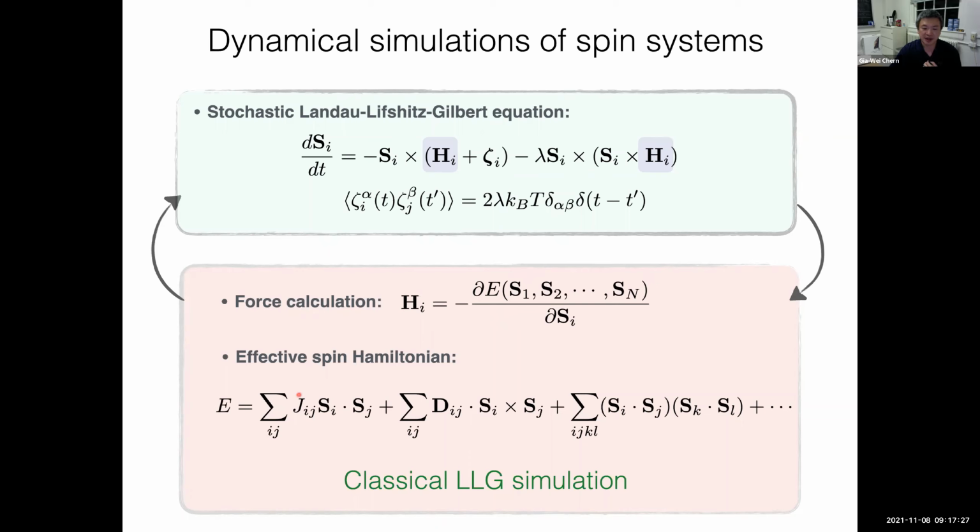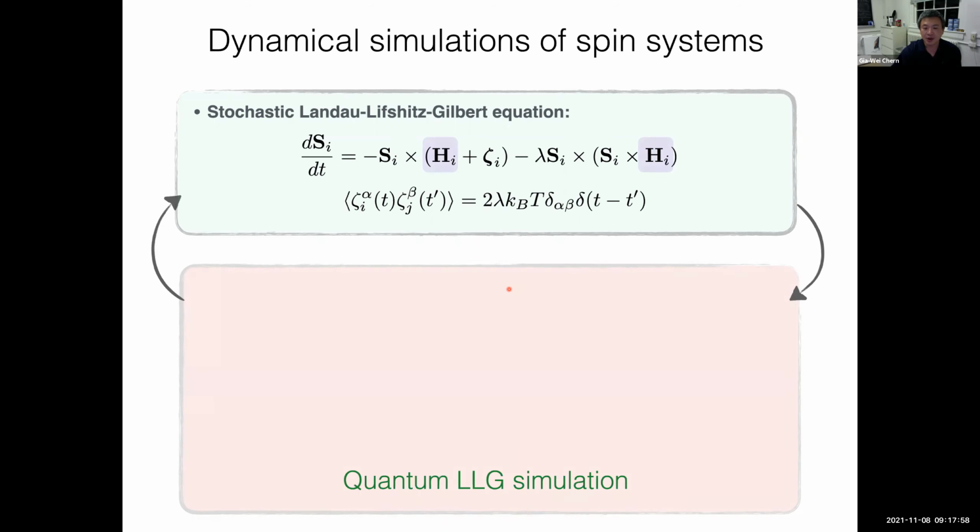And the effective spin Hamiltonian can be written with a Heisenberg-type term, or the Dzyaloshinskii-Moriya and four-spin interactions and so on. So you have this explicit effective spin Hamiltonian, and the calculation of this force is straightforward and can be done very quickly. So classical LLG simulations can be done for very large systems, mainly because the force calculation is cheap and can be done very fast.